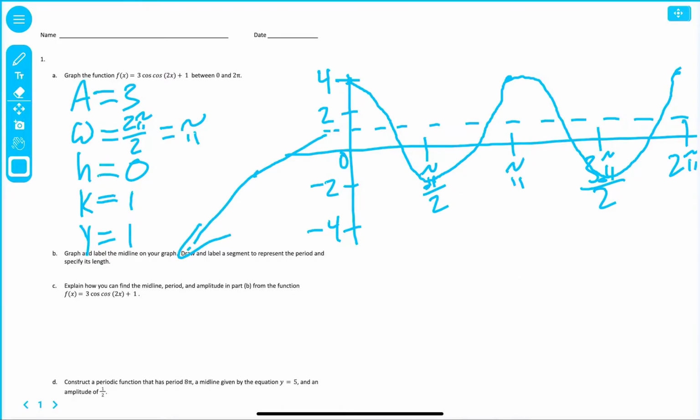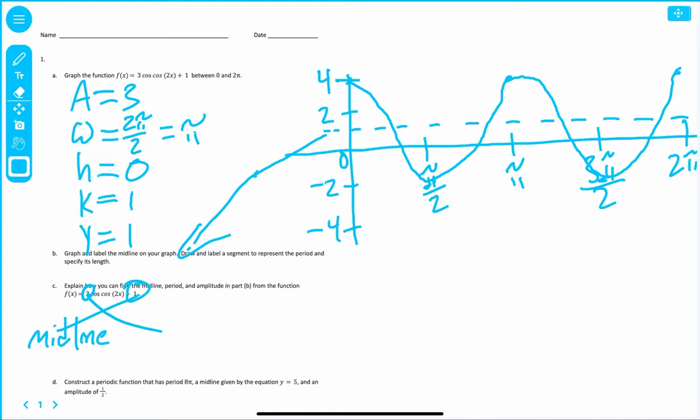Now explain how you can find the midline, period, and amplitude in part B from the function. Well, do we really need to go over that? Midline is what? Here's the midline. What else did it want?